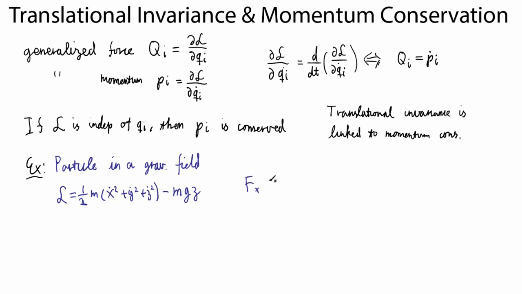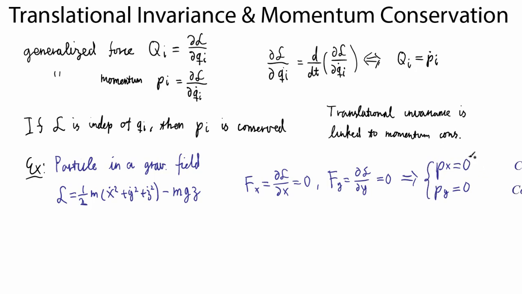We have that the force in the x direction, dL/dx, equals 0, and the force in the y direction is also equal to 0. So that means, of course, that both momentum in the x direction and the y direction, both those momenta are constant.